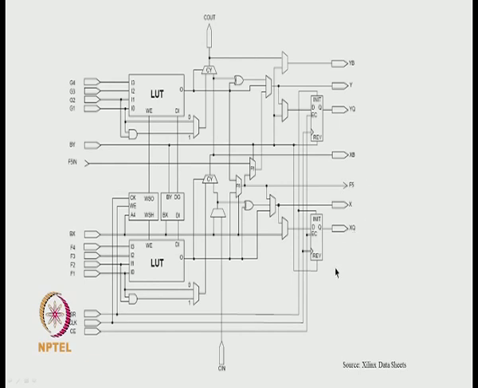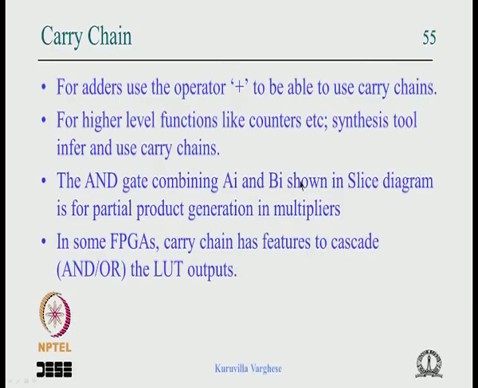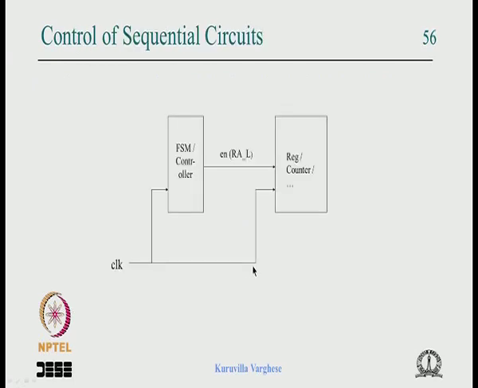So not all the FPGAs, at least not in the Virtex, but there are FPGAs where this AND cascading can be done, and you can think about it. It's very easy with a multiplexer kind of scheme. So in that case it is called cascade logic or cascade chain.